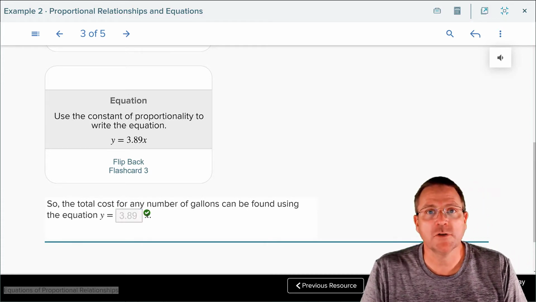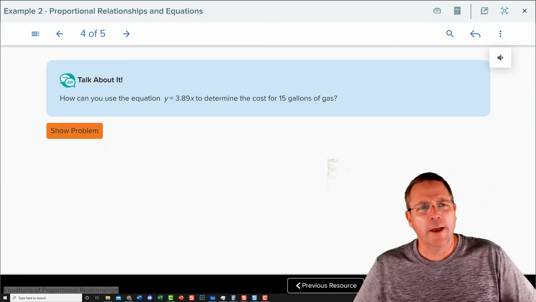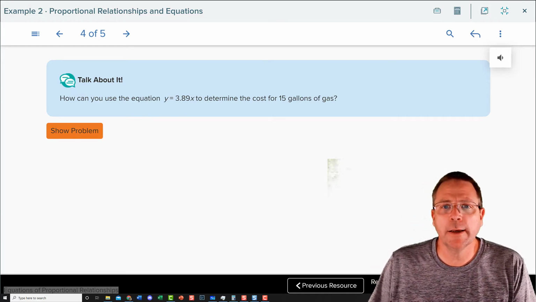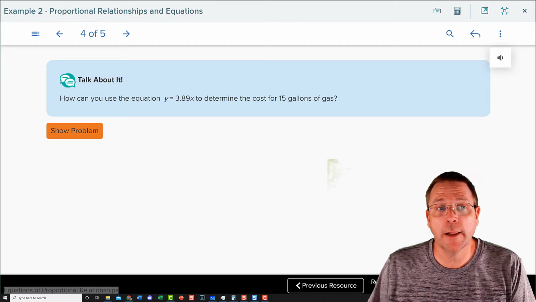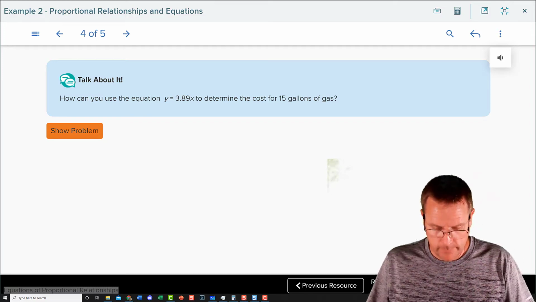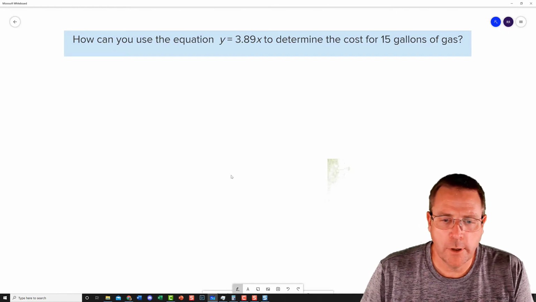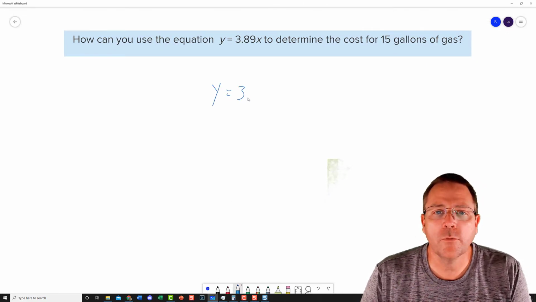Our answer checks well. How can you use the equation y is equal to 3.89x to determine the cost of 15 gallons? Well, let's take a look at it. We can take the equation we were given, y is equal to 3.89 times x. And what does x represent?